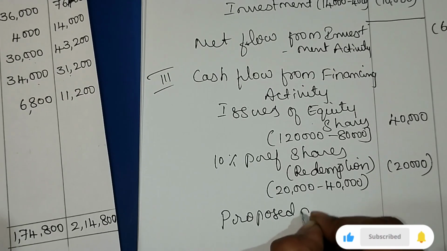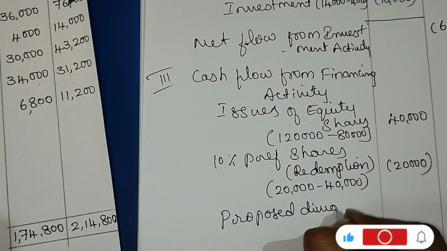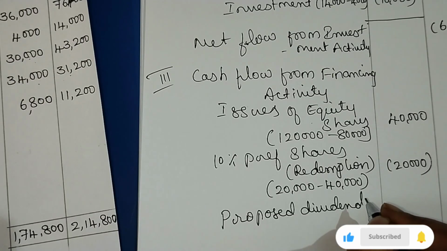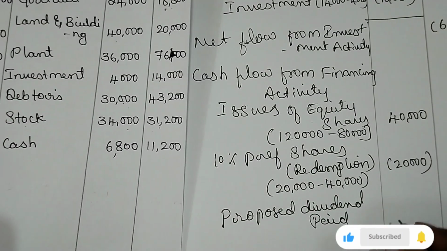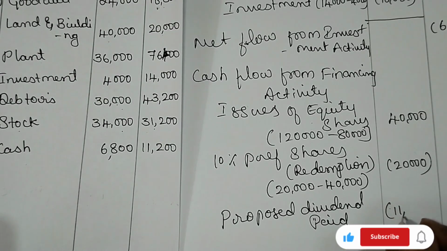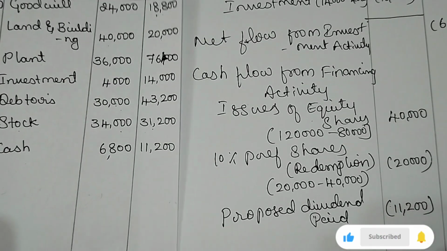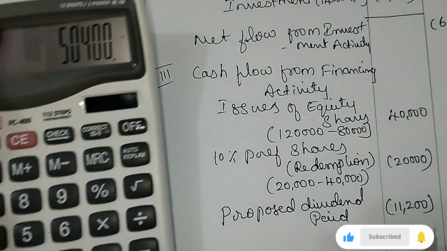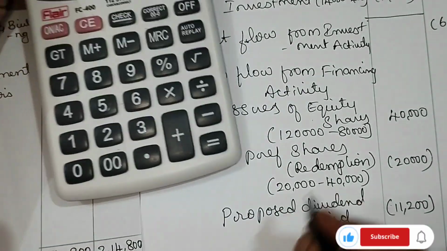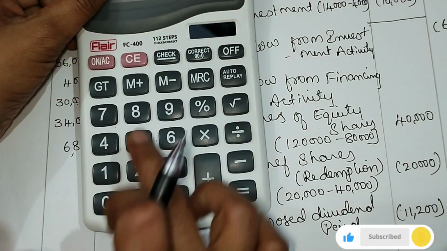Proposed dividend. Dividend paid 11,200. Dividend paid 11,200.